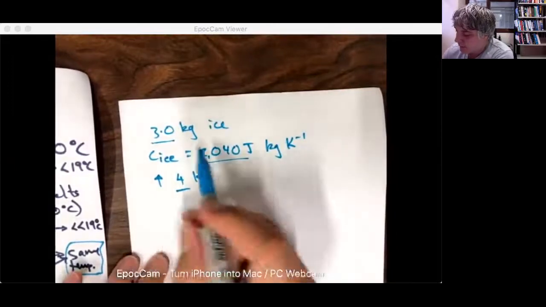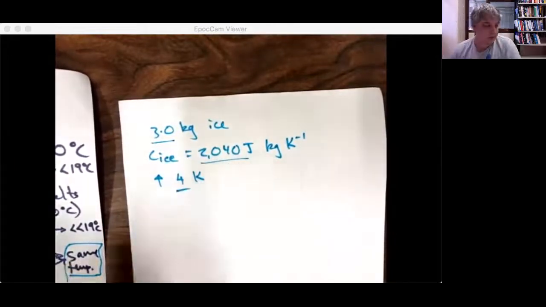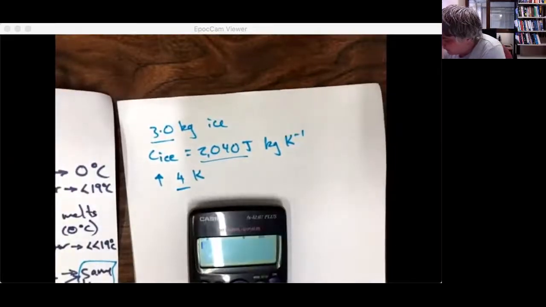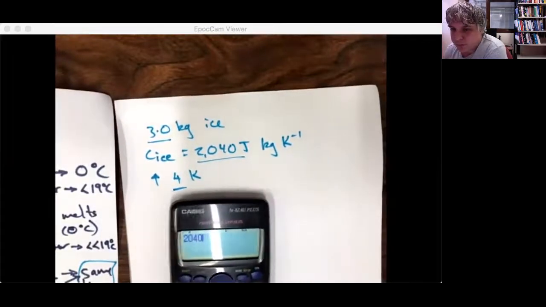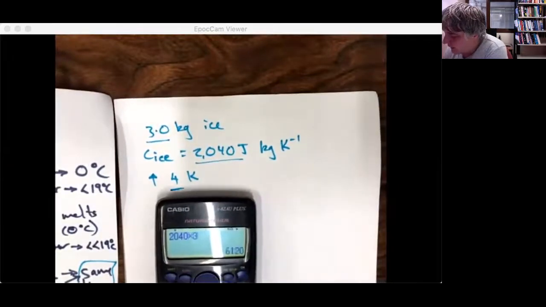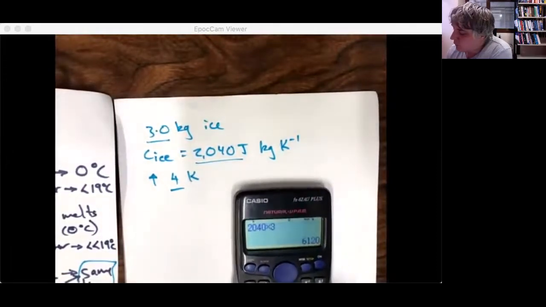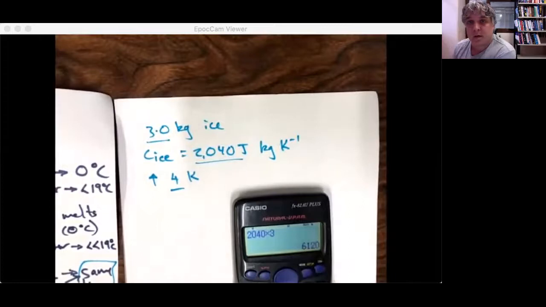So 3 kilograms times 2040, and this is where we need my calculator that I put down somewhere. So we need 2040 joules per kilogram. For 3 kilograms, that's 6,120 joules. 6,120 joules will raise all 3 kilograms by 1 Kelvin, but we need to go by 4 Kelvin.